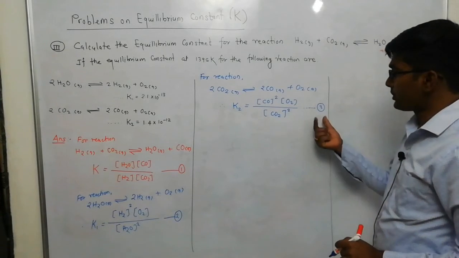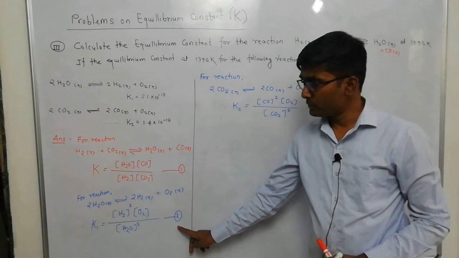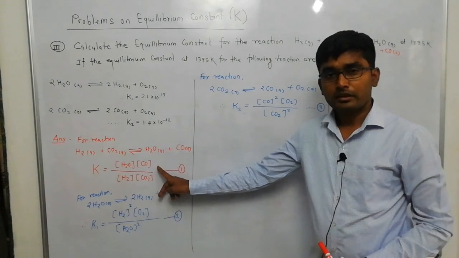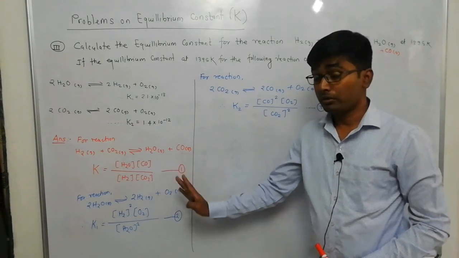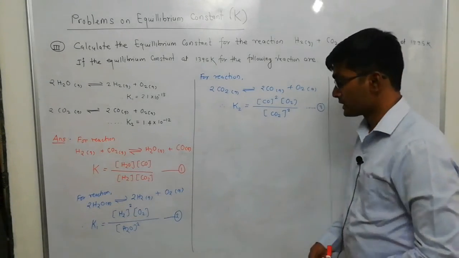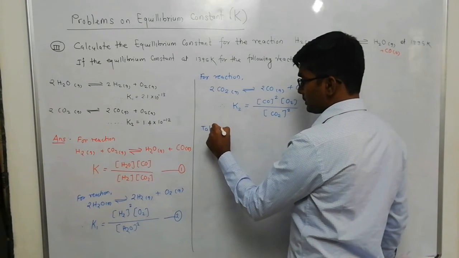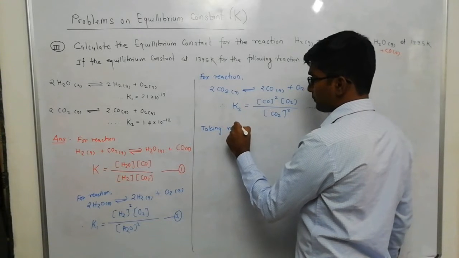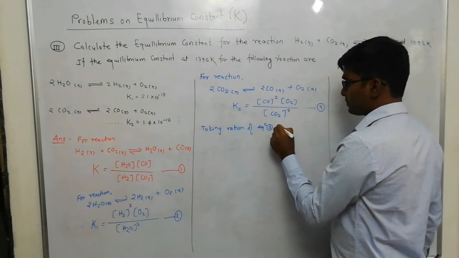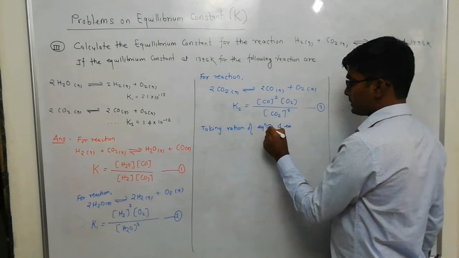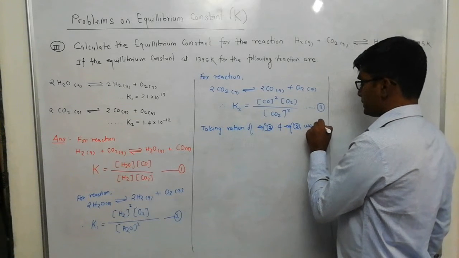Now by using equation 3 and equation 2, we need to derive the right hand term of equation 1. So the problem is how to derive it. Now let us see carefully. Taking the ratio of equation 3 and equation 2, what do we get?